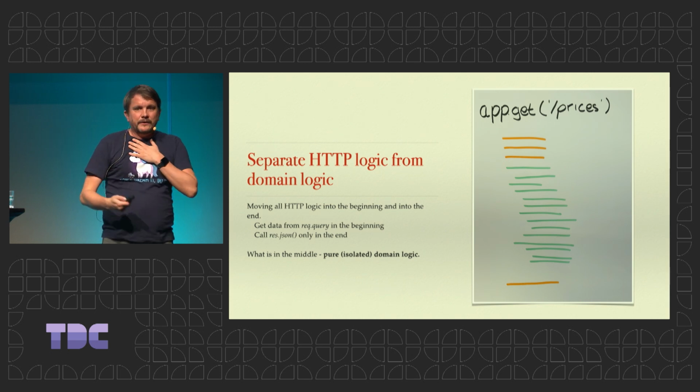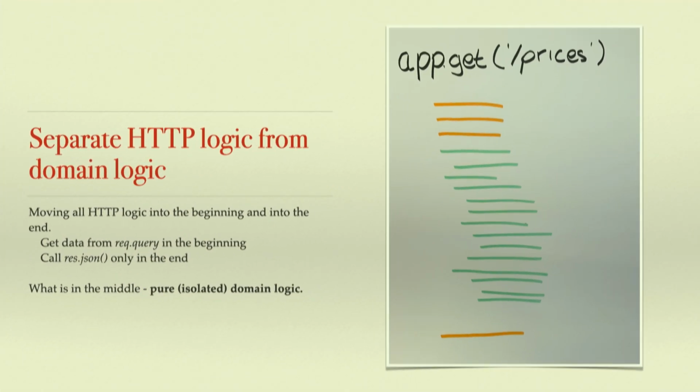And the next thing we can do is separate the HTTP handling from domain logic, and it's sort of the same thing. And here is the trick, how I can turn hard-to-test code, or in this case annoying-to-test code, into easy-to-test code.